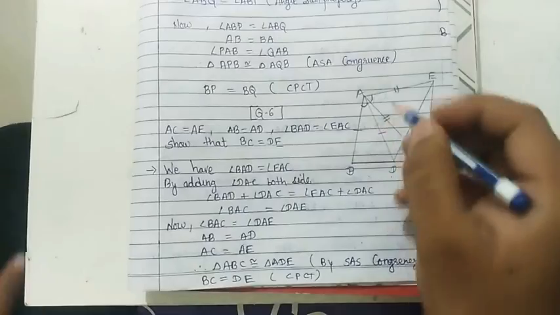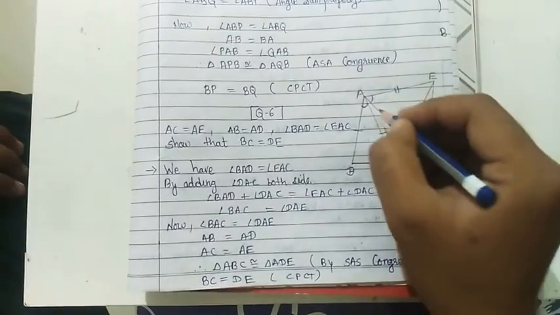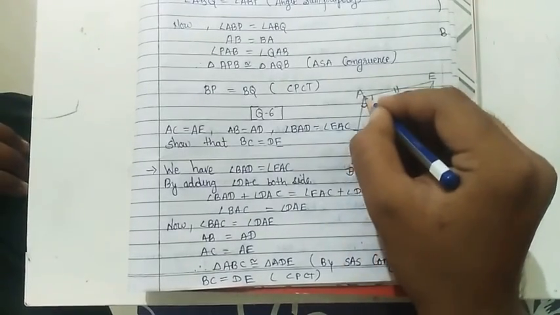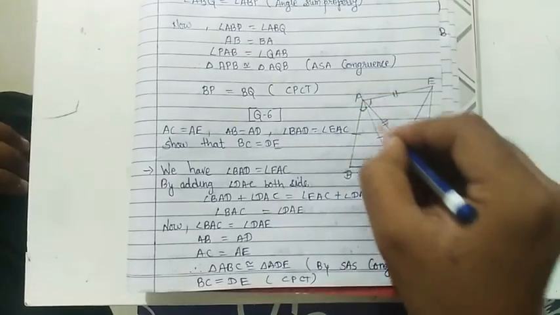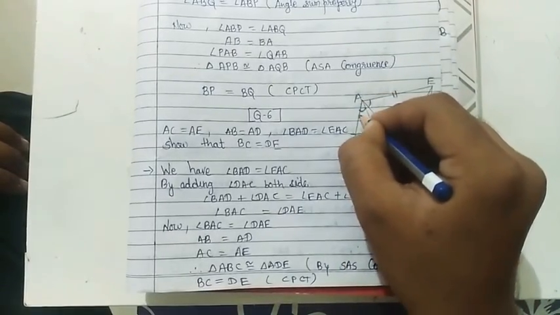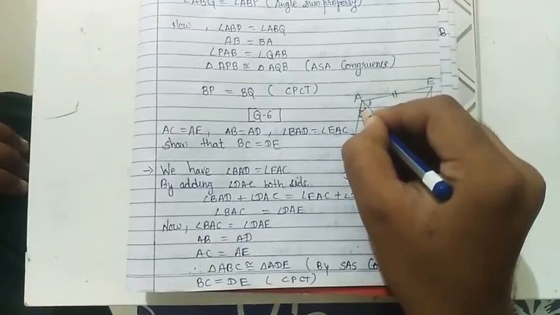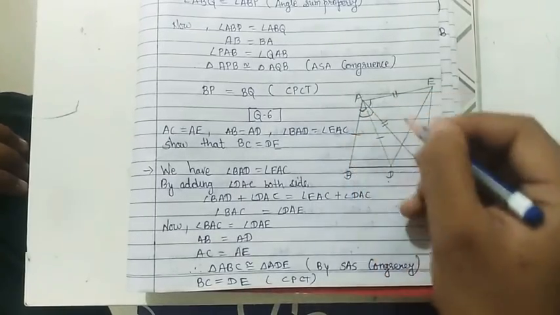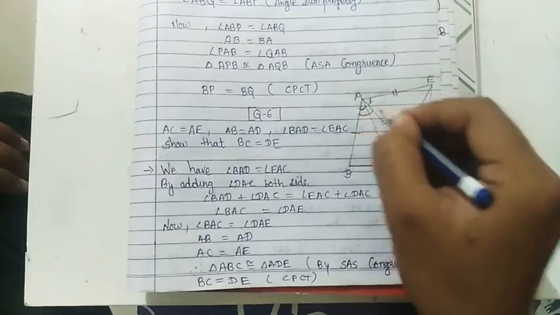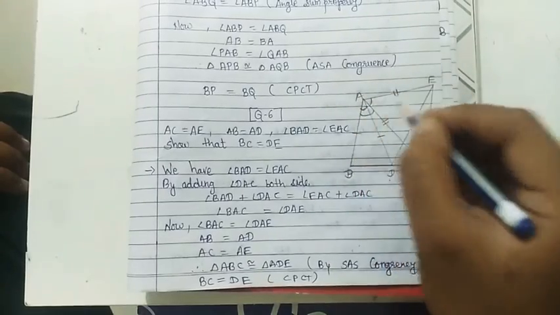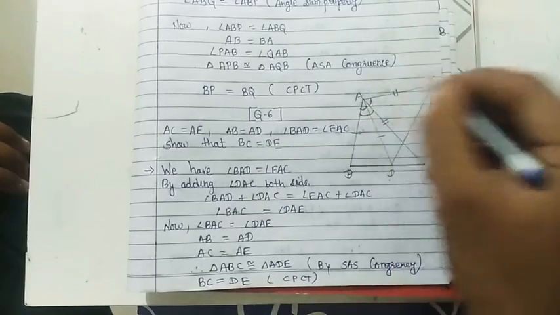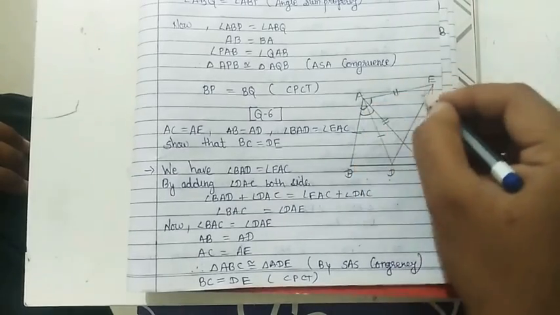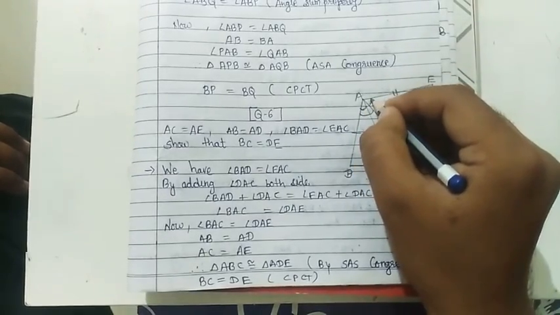Now let me see here, friends. If we want this angle A completely, if we want the full angle BAC, we only have this much, so we have to add DAC to it, then it will be complete. So we have to add DAC here. And if we consider this triangle, in this also only half the angle is given.